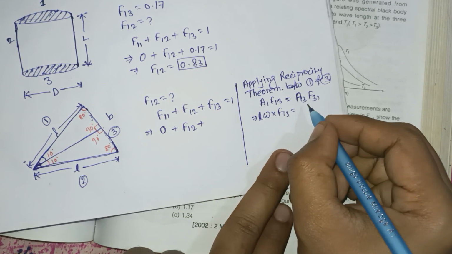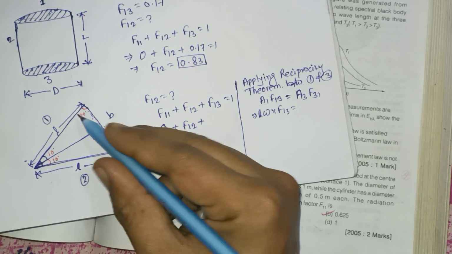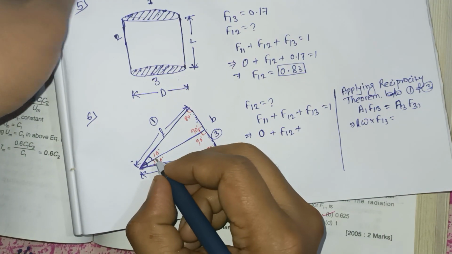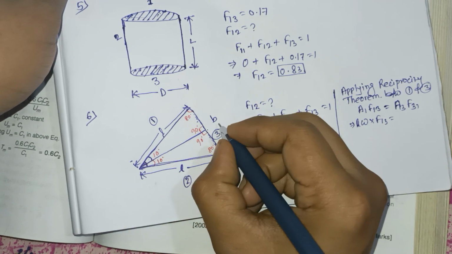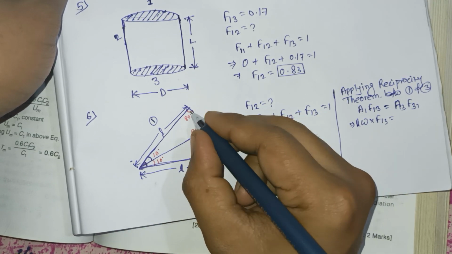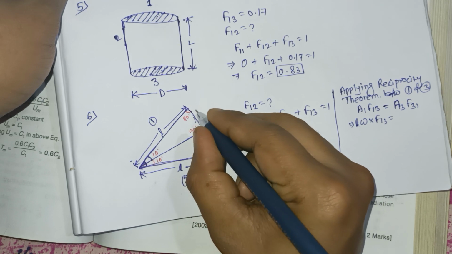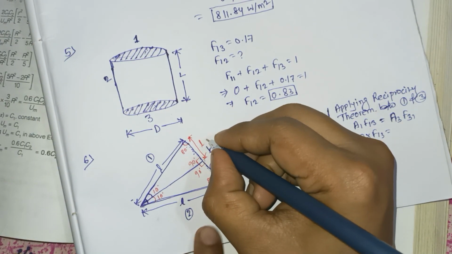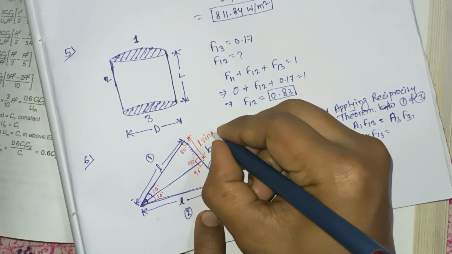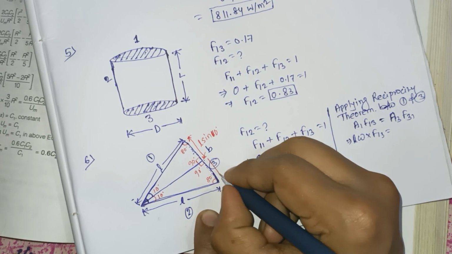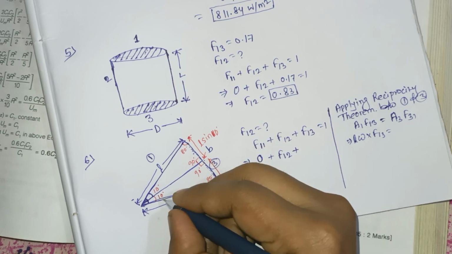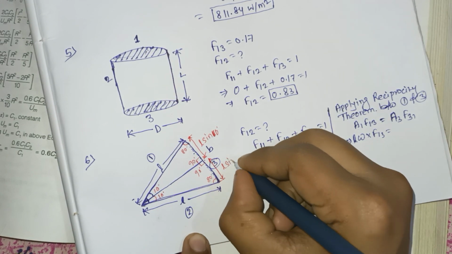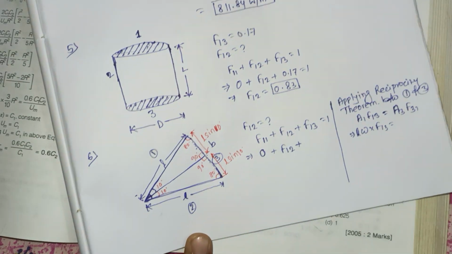What is the value of B? This is theta, so this length will be L sin 10 degrees, and this length will also be L sin 10 degrees.